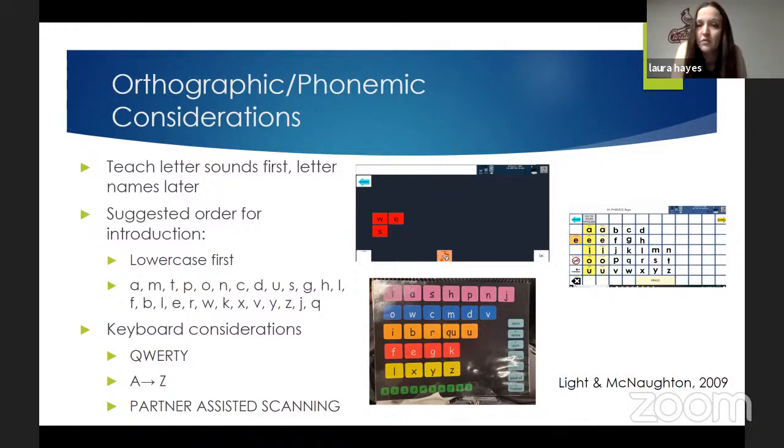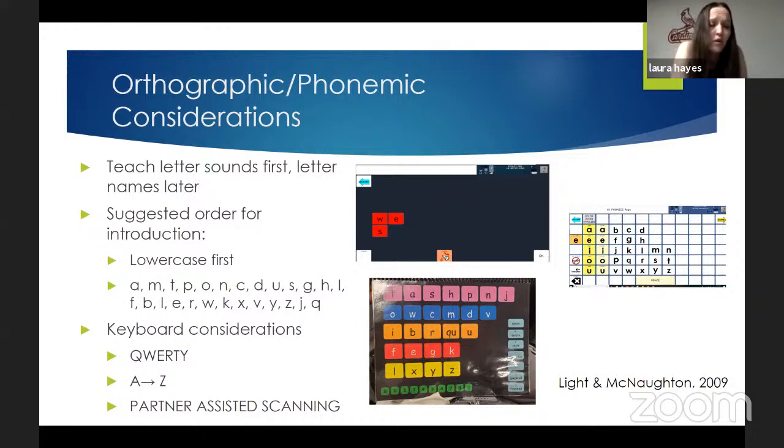That was a revelation for me as a therapist, because I would often go to the alphabet, what letters of the alphabet. But in writing development and considerations for writing development, we really want to be teaching those phonemic sounds, because that is how we spell, that is how we learn both literacy and writing.